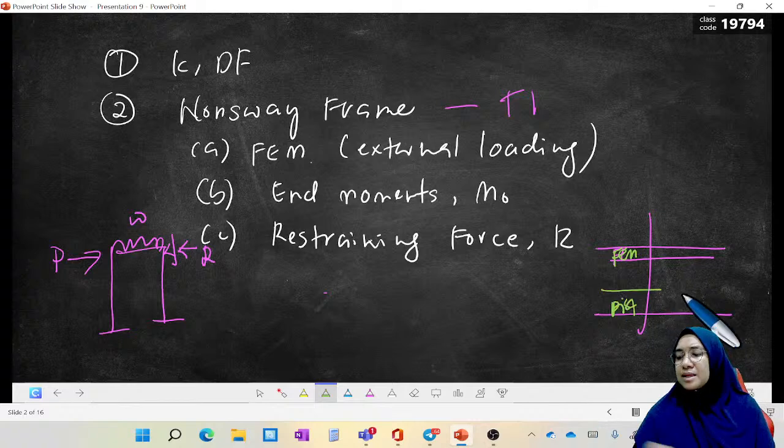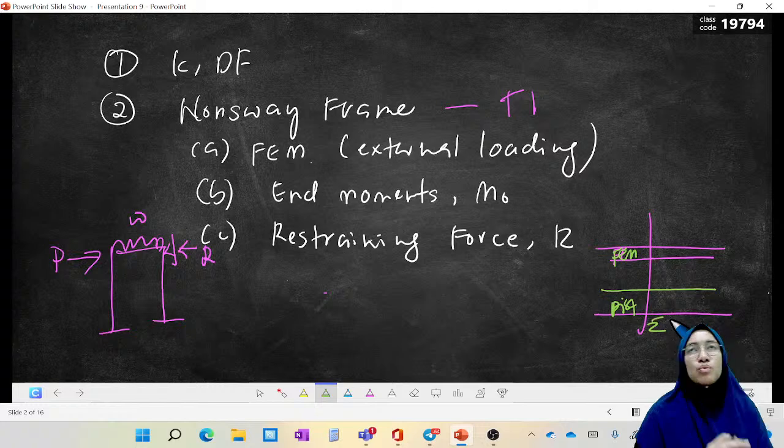So we calculate, and then we find the total end moment.